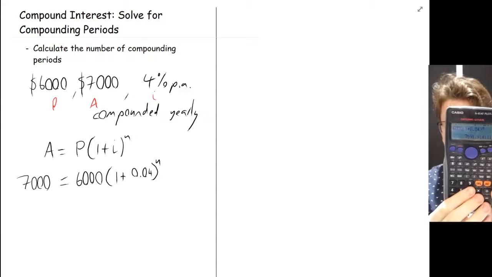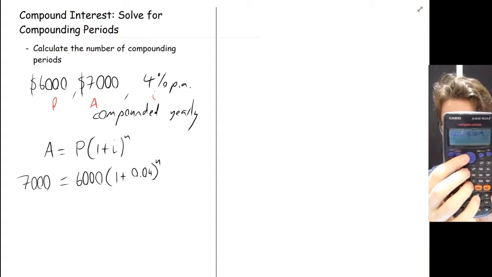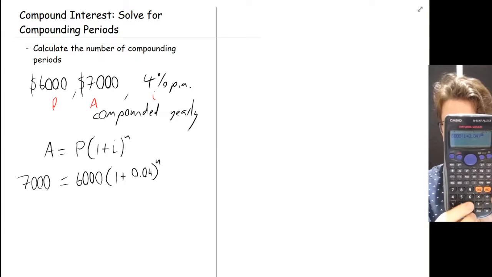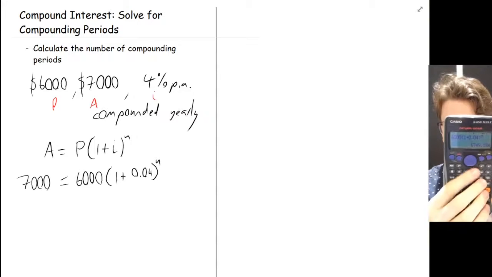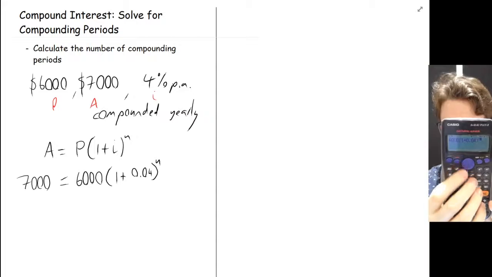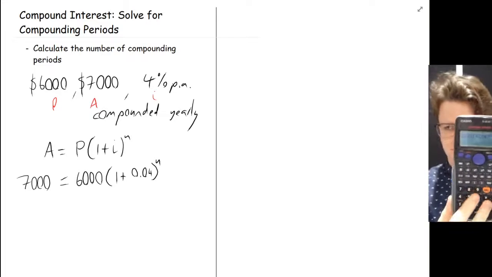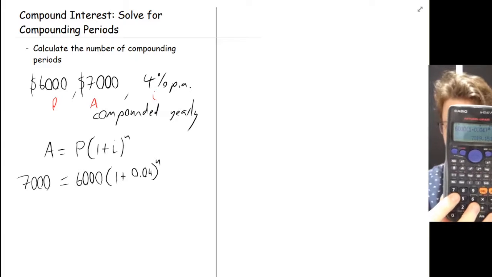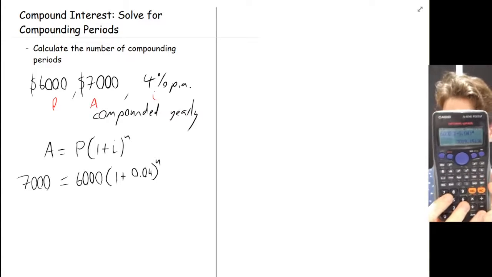By pushing the arrow key, I can just go back quickly, delete, edit it, let's try 3 years. Too little, so I need to be more than 3 years. Let's try 4 years. Okay, so 4 years is the best one.